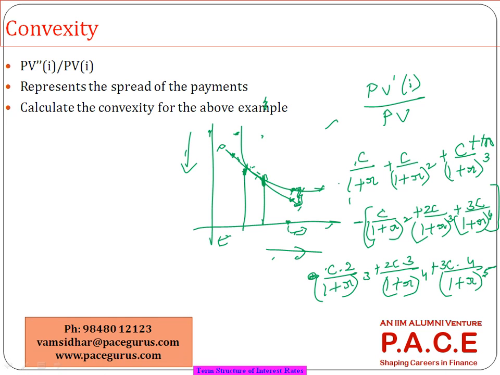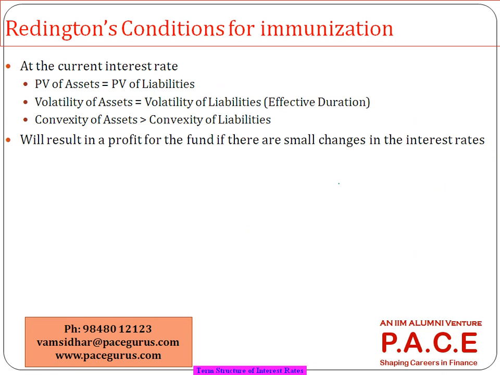All right, then one major aspect, why are we computing all these durations and convexities on the data? What we are simply saying is we will do a similar exercise with our assets as well as with our liabilities.